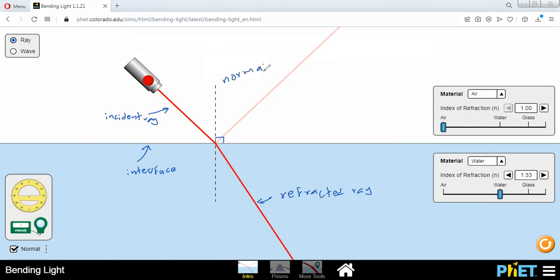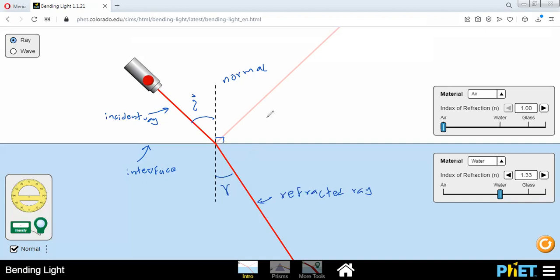Now, we can identify several angles in this. The angle between the normal line and the incident ray is called the angle of incidence, and it is denoted with I. And the angle between the refracted ray and the normal line is called the angle of refraction, and it is denoted with a simple r.